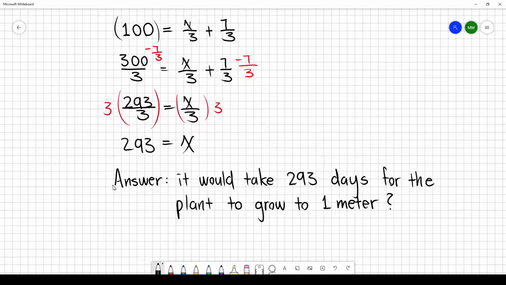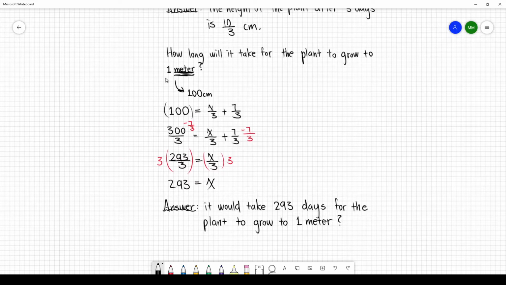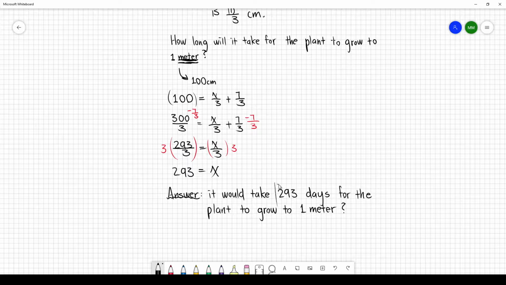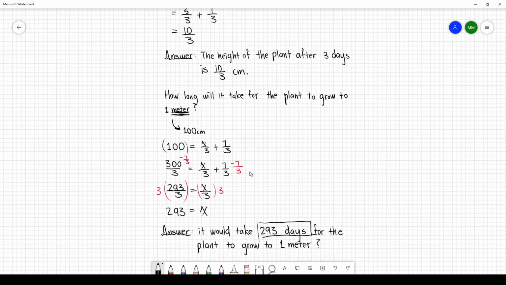So when you're answering the question, you probably want to answer in terms of what the question asks. So I guess you can say 100 centimeters, but it's just nicer when it's answering directly with the same unit as the question itself. But what's important here is this. As long as you get that part. So again, don't mess up on the calculation. The equation is pretty straightforward. So there you go.